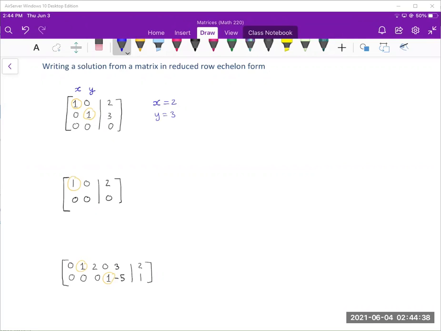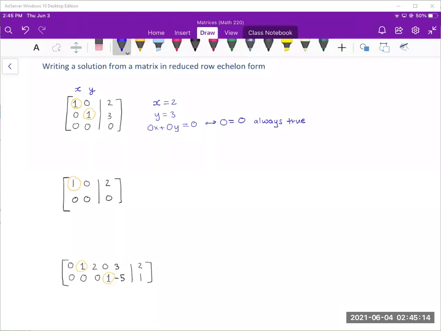And our final equation tells us 0x plus 0y equals 0. Anything times 0 gives us 0, so we have 0x is 0, and 0 times y is also 0. So this just corresponds to saying that 0 equals 0. It's not giving us any restrictions. This is always true, though not very interesting.